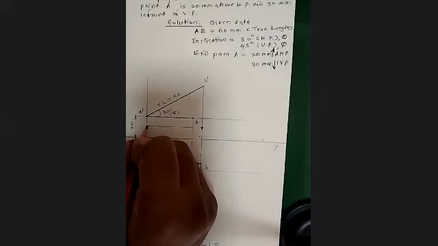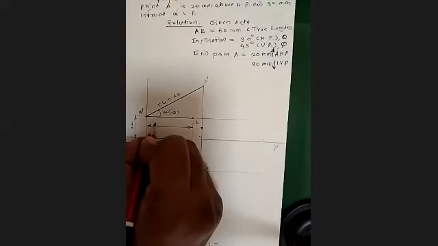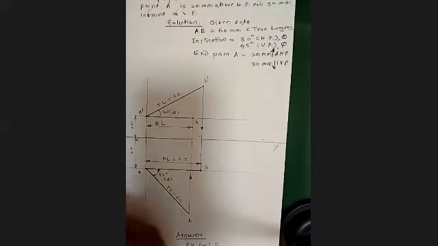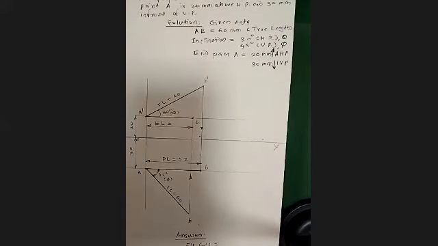Earlier we came across this when we discussed the line inclined to one plane and parallel to another plane. Okay, so this is nothing but your EL or front view length, and how much am I getting here? I will check it.